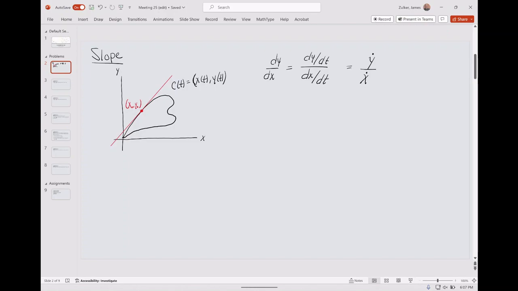So let's say then the slope at our point x naught, y naught would be dy dx evaluated at t naught. T naught is the parameter that corresponds to that point.